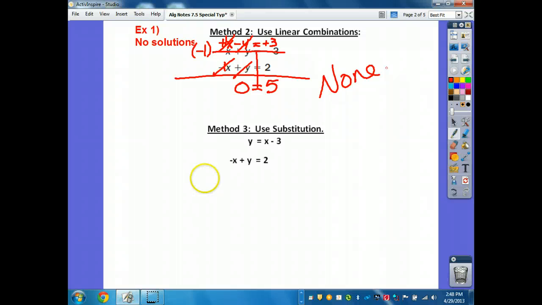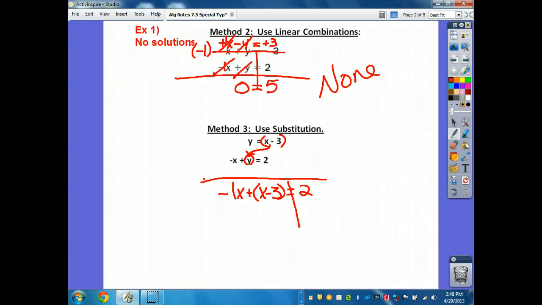How about if we use the substitution method? Here we have y equals x minus 3. So in for the y, put your x minus 3. So I have a -1x, I'm bringing that straight down, plus x minus 3, that still equals 2.